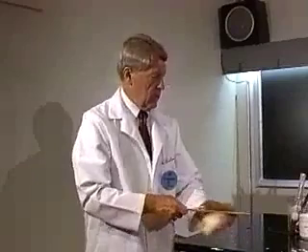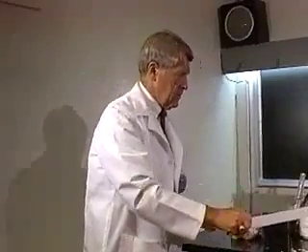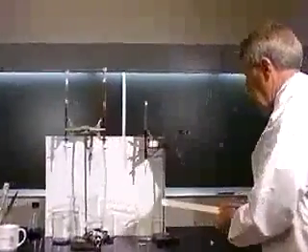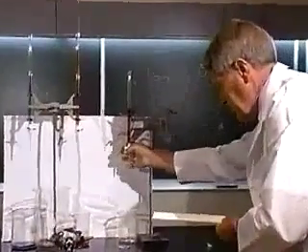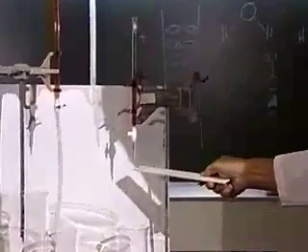Now we're going to test the carbon tetrachloride, and again we'll get a charge on here quickly. We see that it is charged. I'll need to switch sides here. I will turn on the stream of carbon tetrachloride, and as I bring up the charged rod, we notice that nothing is happening to the stream of carbon tetrachloride, indicating it is not attracted to the positive or to the negative charge.